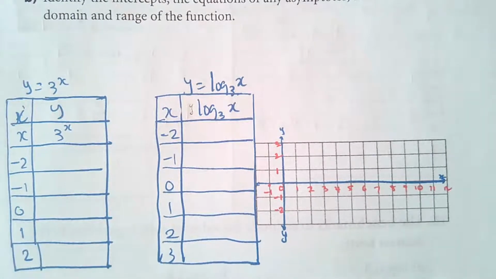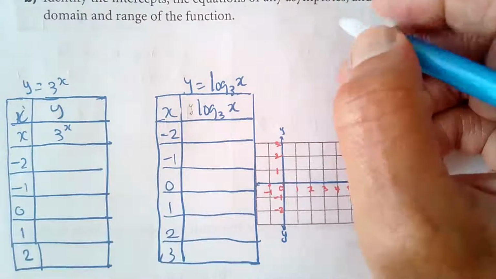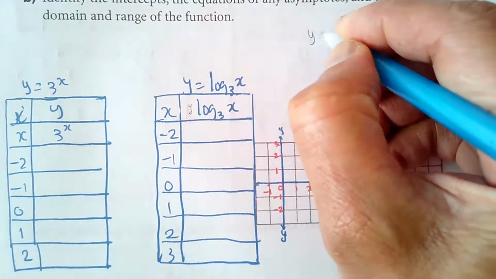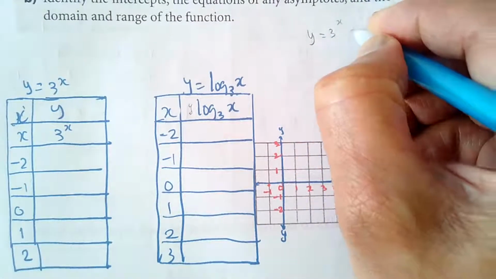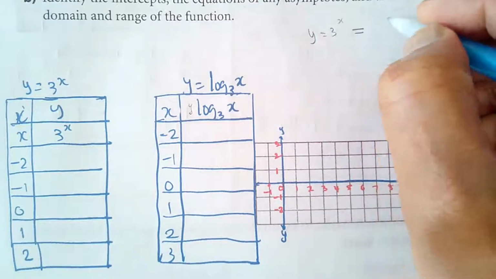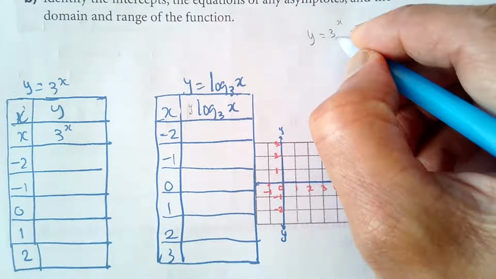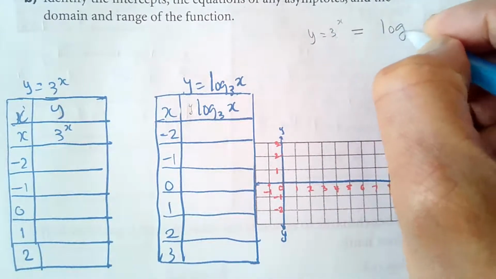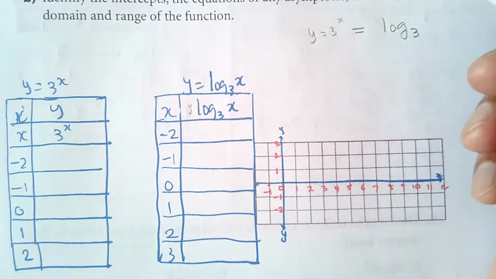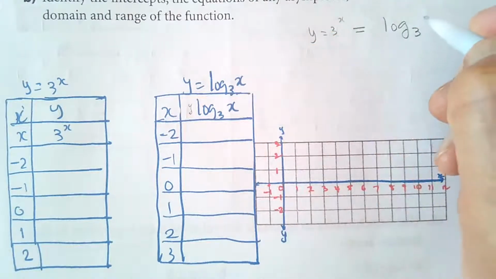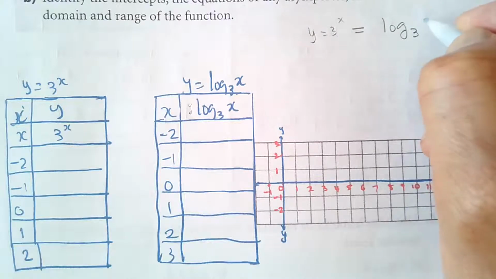Remember, we're using our fact that y equals 3 to the power x is equal to log base 3 of x, where this is your base here, and the x here.